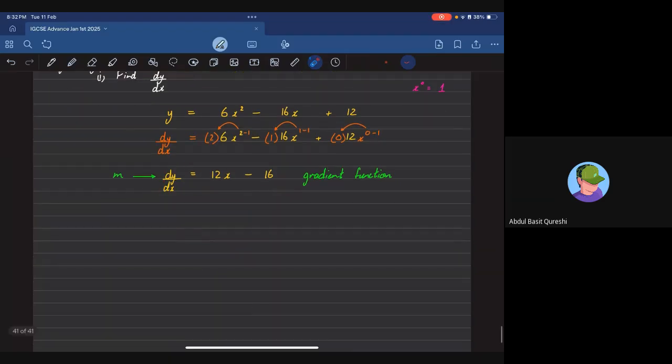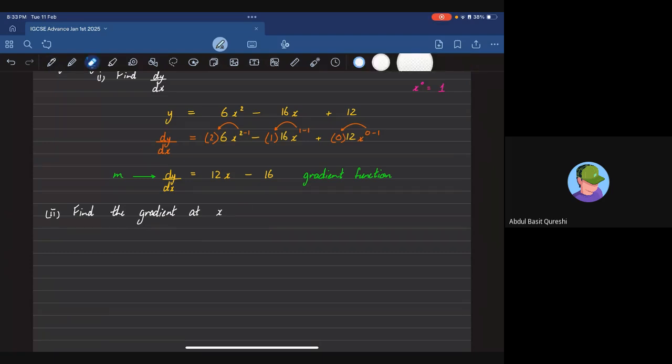So how will I do that? The second part of this question usually states: find the gradient at x is equal to 1. Because it's a curve, right?